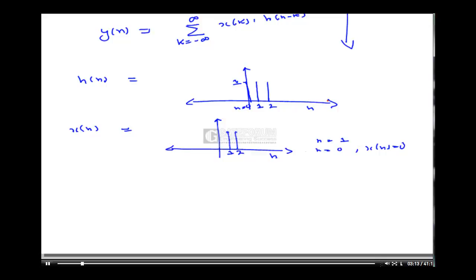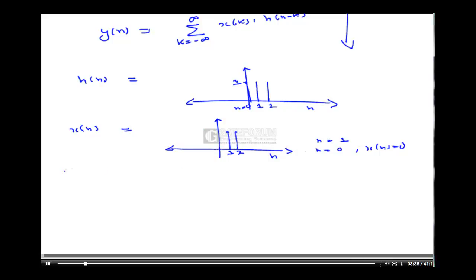Now if this input passes through h(n), so that I will get an output y(n), how will things be? See, input is coming, the first value will be n equal to 0, the second value will be n equal to 1, the third value will be n equal to 2. So how do we manipulate the input x(n) such that the first value will be n equal to 0?